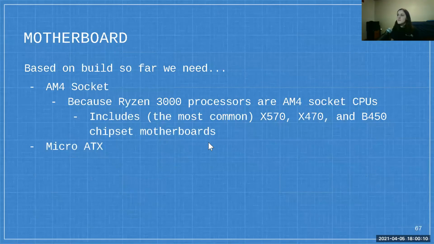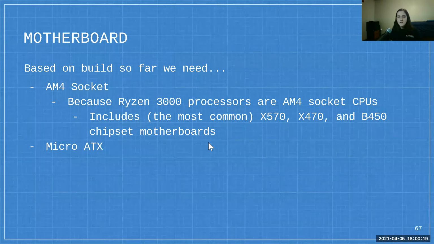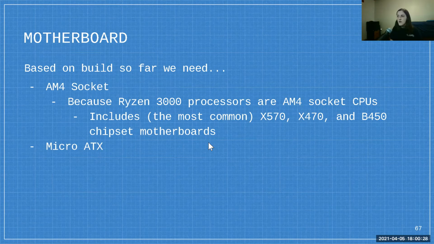So let's see, when choosing our brand for motherboards, what do we need to be conscious of to make sure that everything is compatible? So we decided on a micro ATX, but we also chose our CPU, which is basically going to snap into the motherboard. And this snaps in through a socket on the motherboard. And so we need to make sure that the socket is compatible with our CPU so that we don't get a CPU and a motherboard that can't interface with each other.